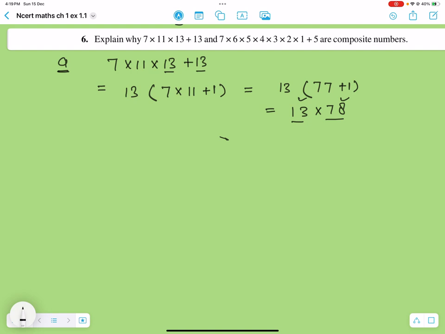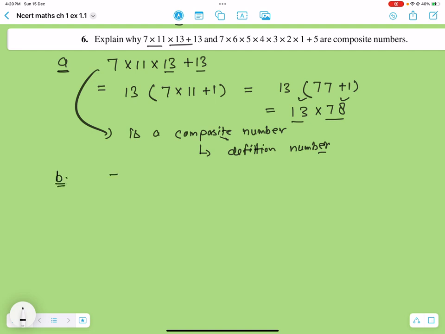So you can clearly say, since 13 and 78 are both greater than 1 and the expression is a product of these two numbers, this expression is a composite number. We have just applied the definition of a composite number, and the definition is fulfilled for this expression. So hence we can easily prove this number is a composite number. Similarly, we need to do it for the other expression as well.